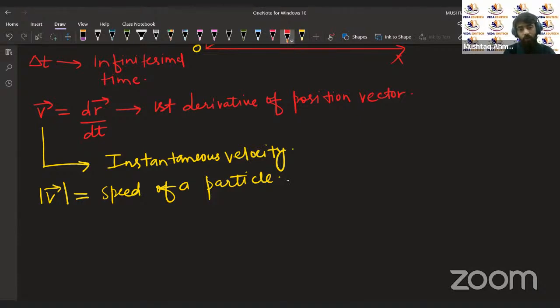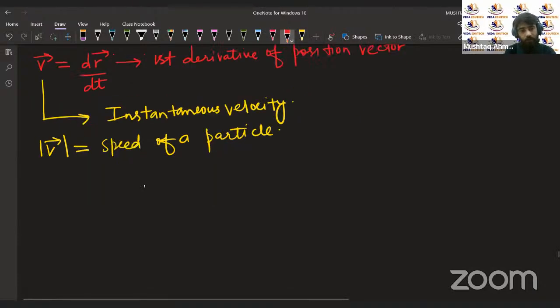Why does the magnitude of the velocity vector give the speed? We know that the magnitude of the instantaneous velocity gives the instantaneous speed. It's not the average speed.